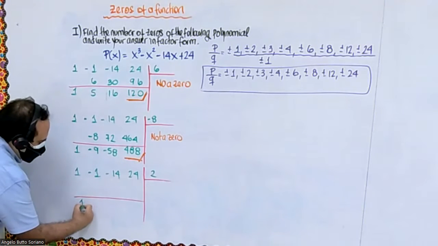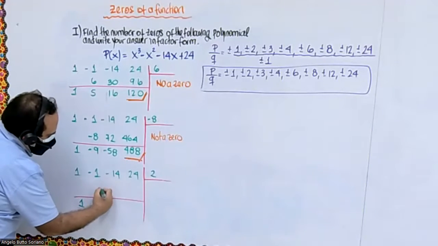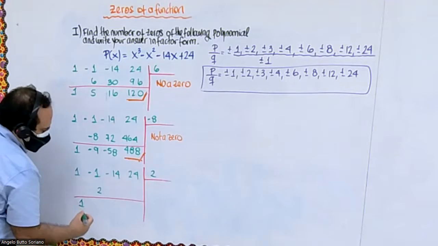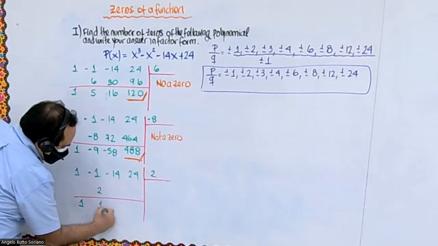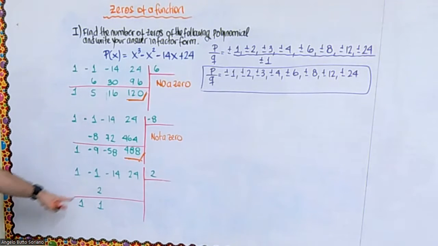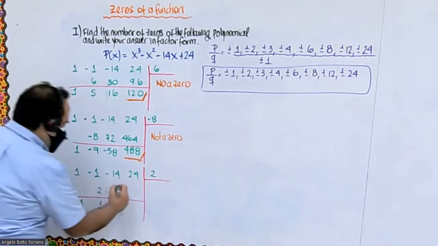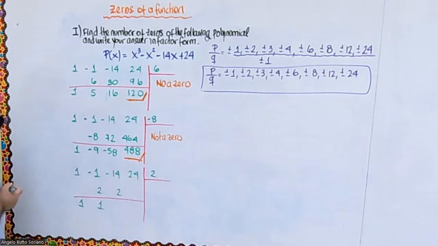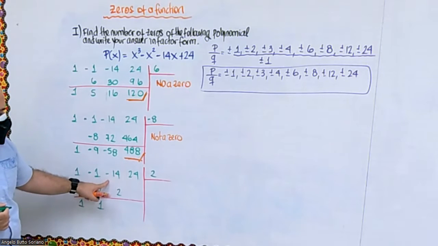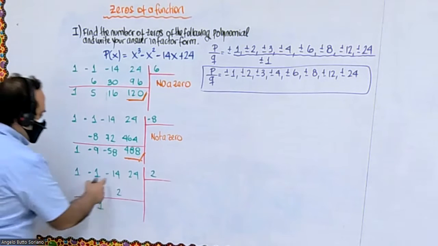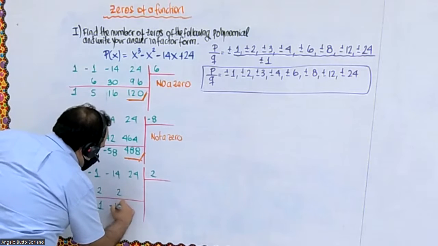1 over here. 1 times 2, 2. 2 minus 1, 1. 1 times 2, 2. Negative 14 plus 2, negative 12.